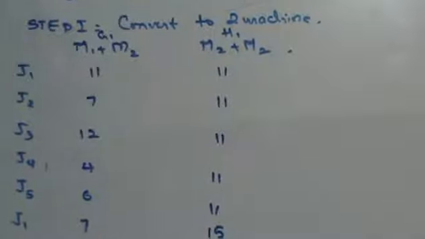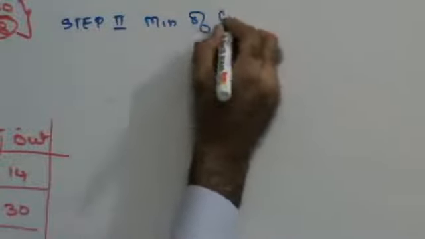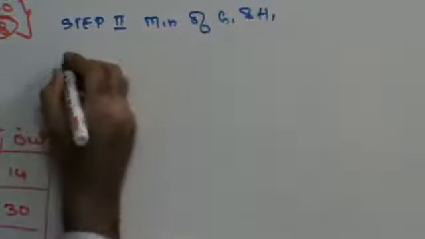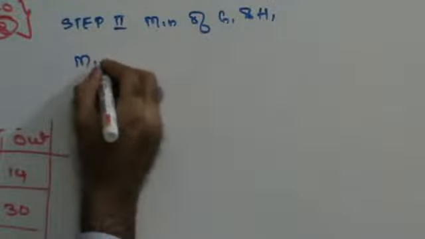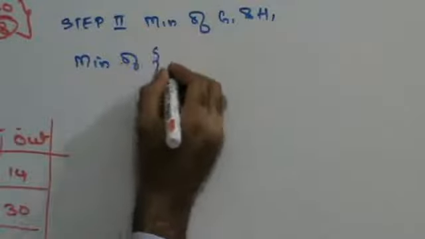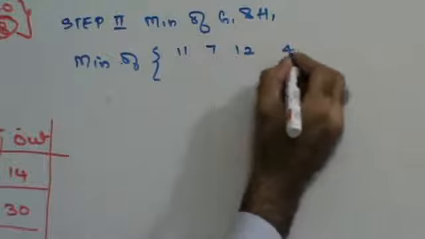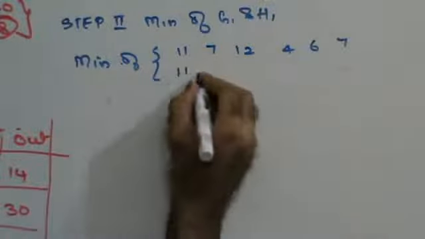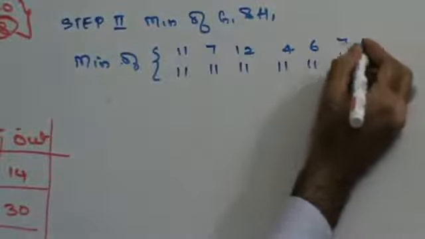Step 2: minimum of G1 and H1. So this is going to be nothing but min of 11, 7, 12, 4, 6, 7, 11, 11, 11, 11, 11, 15.